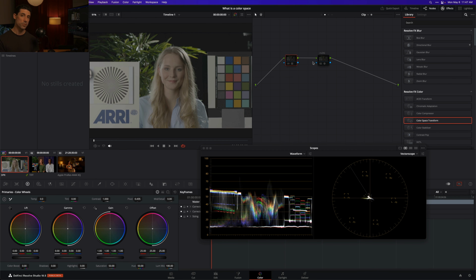Like we said, color spaces are the building blocks of color management, which is, of course, the foundation of what we do when we're color grading, which is to use good color science to transform what the camera saw into what the display can show. Those two variables, what the camera saw and what the display can show, are characterized and we can move between them because of color spaces.